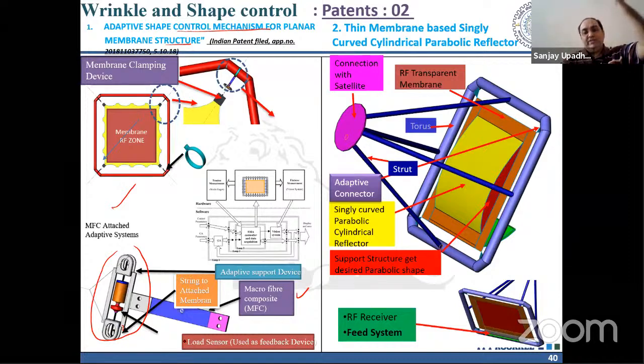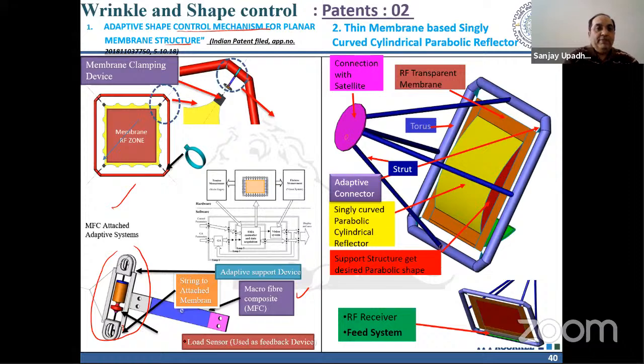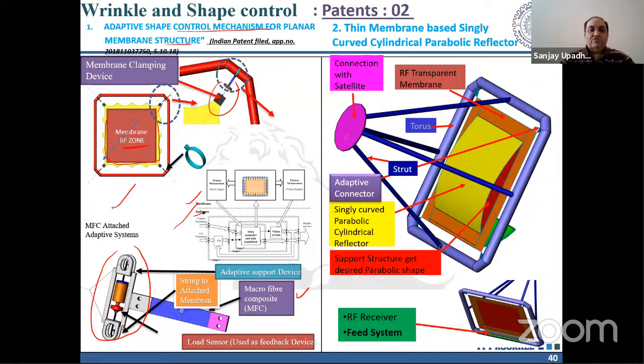According to the environment in orbit, it will directly change or control the shape. You see, this is the membrane clamping device. This is the membrane RF zone where we are not going to disturb anything. But in this yellow part, we put this string attached to the torus. This is the complete adaptive control mechanism, hardware and software. We filed this patent in 2018.